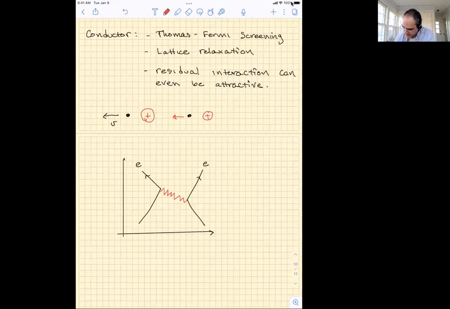And something that drops out of this picture is that the exchanged energy, the energy transfer from one electron to another in this interaction, must be equal to the energy of the phonon.